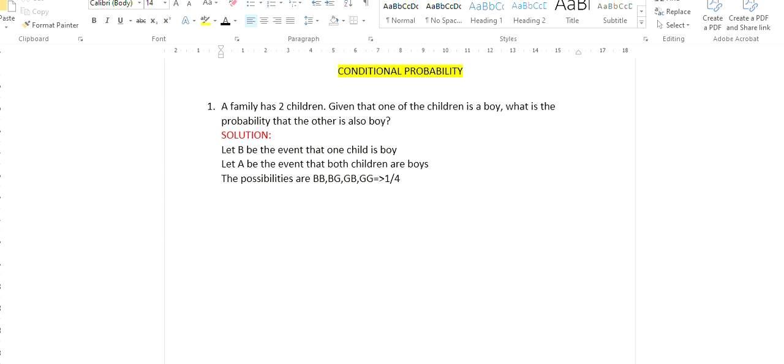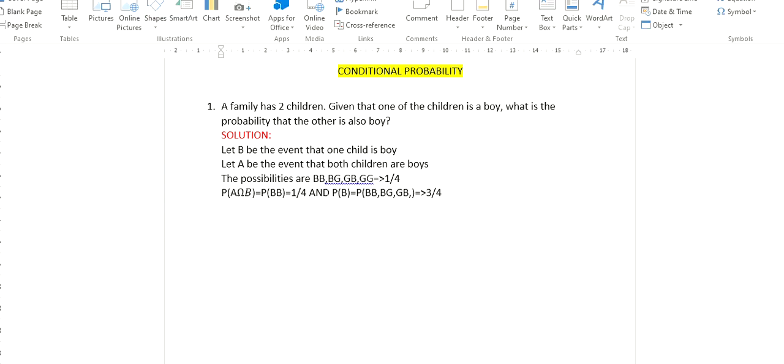Then apply the formula. Before that, let us assume the possibilities of the other being a boy. Both can be boys, one boy one girl, one girl one boy. So it could be 1 out of 4. Then what is the formula?